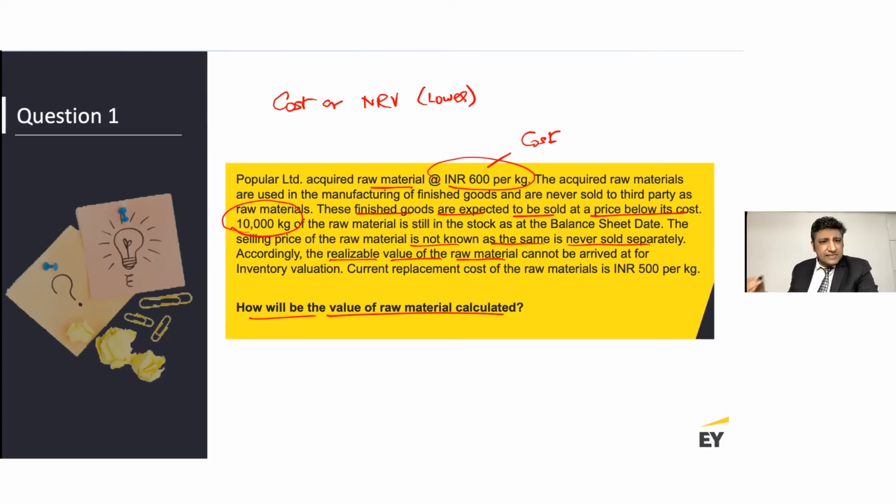Well, in such cases, it's important to observe, is there an alternative measurement criteria? Is there an alternative value which can substitute and become the net realizable value of that inventory? We are provided, by the way, in the last statement that the current replacement cost is given at 500 rupees per kg.